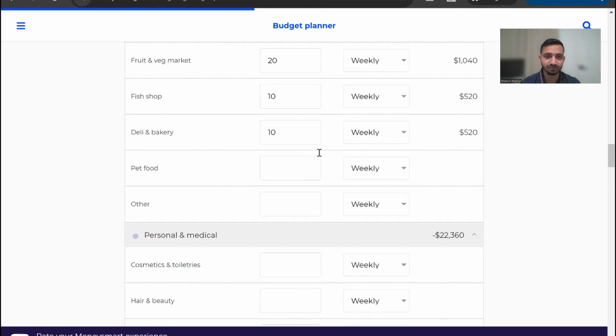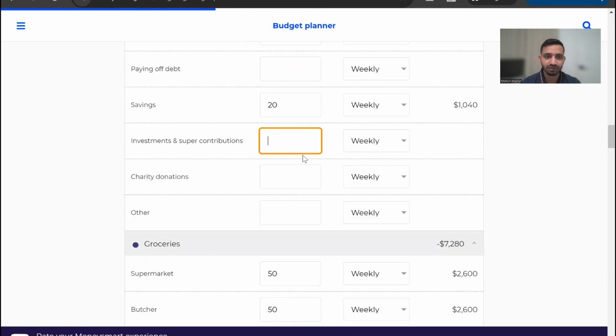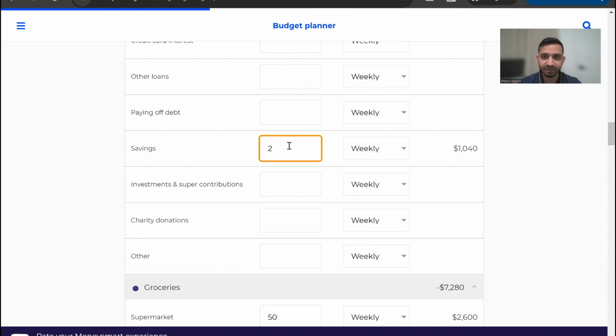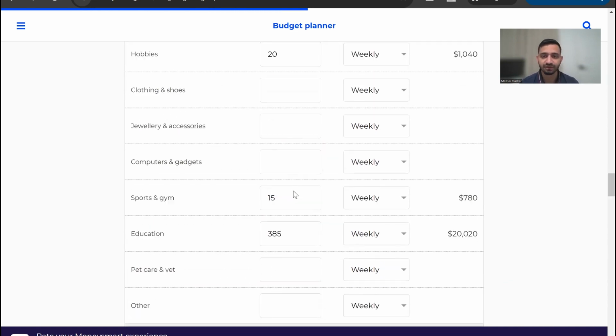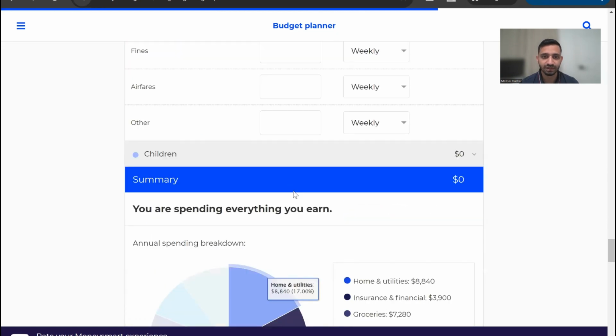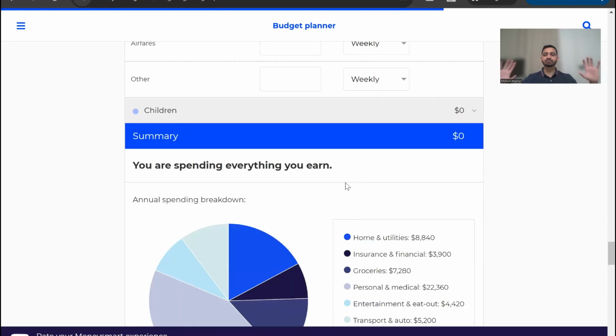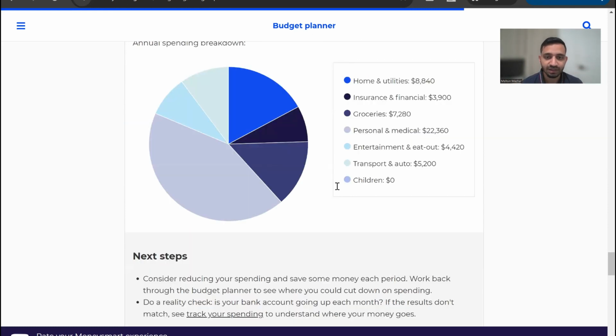So you can save up to $40 if you want, per week. And then it gives you, okay, now you earn, you are spending everything you earn. So now this is where you break even. This is where your income equals your expenses, but actually you're saving 2,000 a month. That's a good saving. Maybe if you get in trouble, you can rescue yourself and your financial situation this way. It gives you next steps.